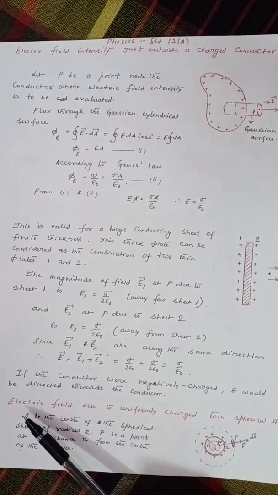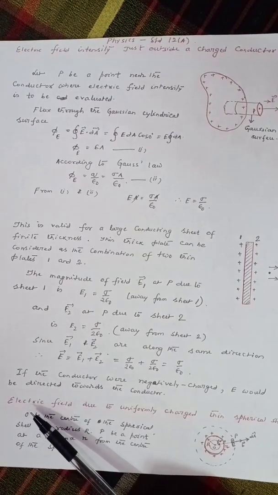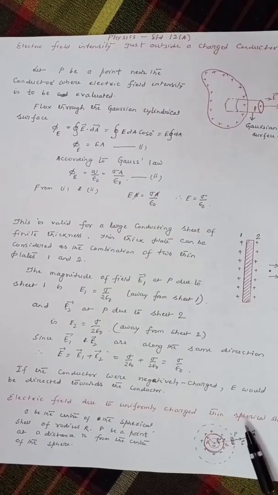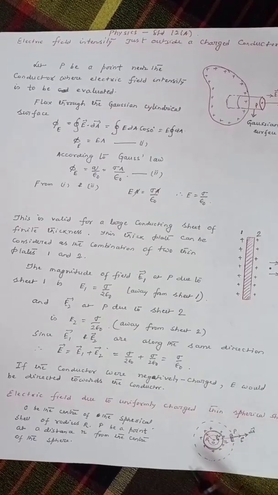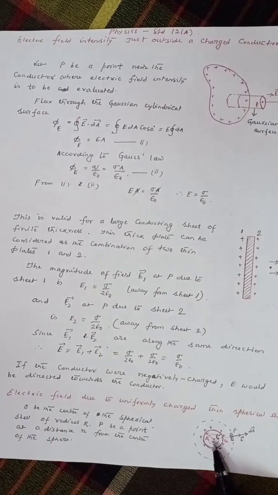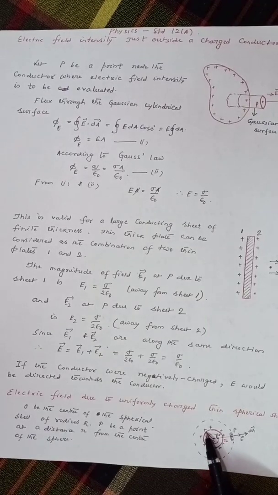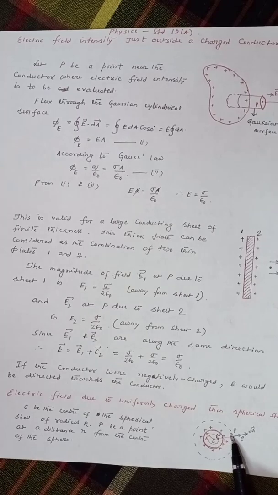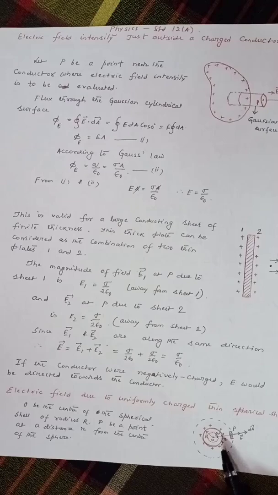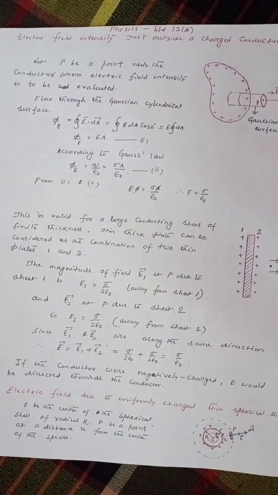Now we discuss the second application, electric field due to a uniformly charged thin spherical shell. You see, this is a spherical shell of radius capital R, and suppose P is a point at a distance small r from the center of the sphere.